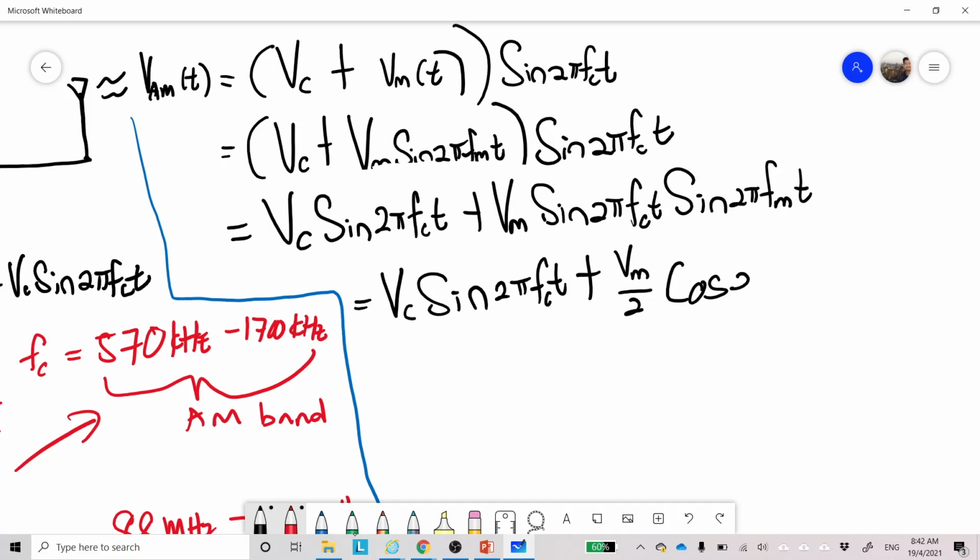Previously we also learned that the amplitude can be written in terms of modulation index. Remember that modulation index M is equal to Vm over Vc: the peak amplitude of the input message divided by the peak amplitude of the carrier.